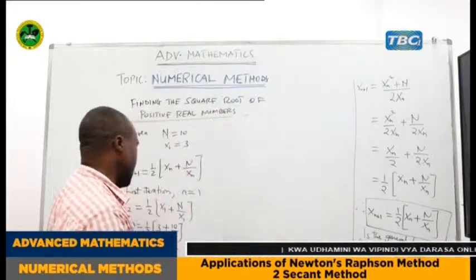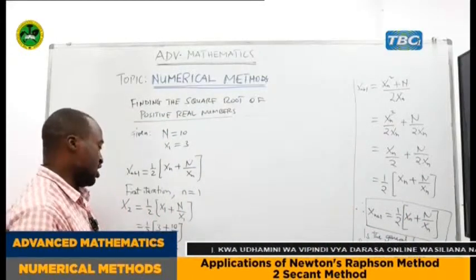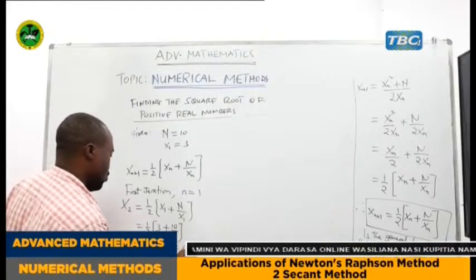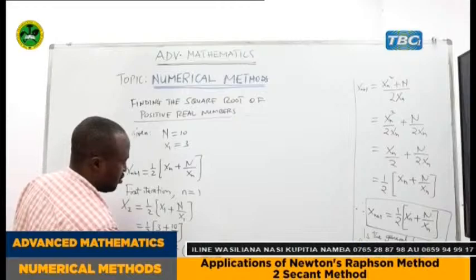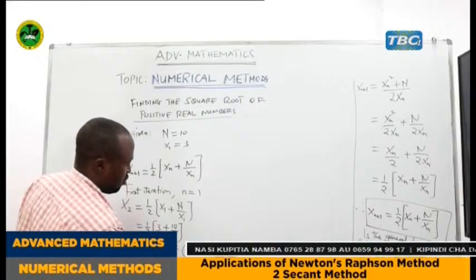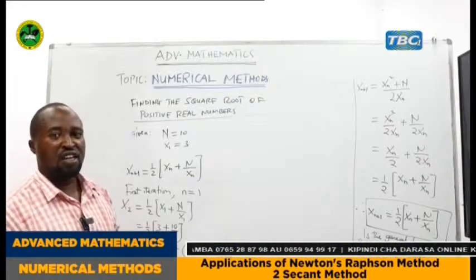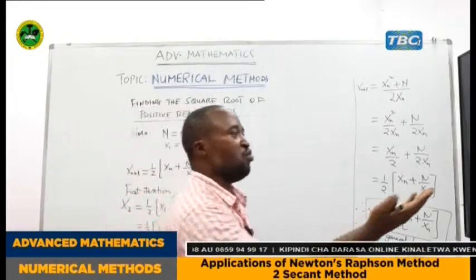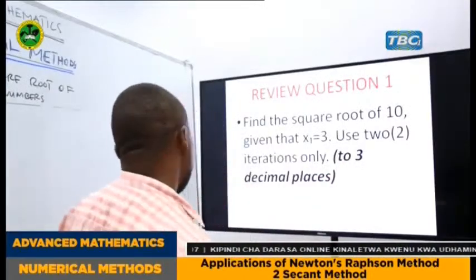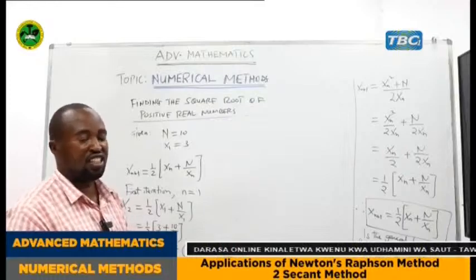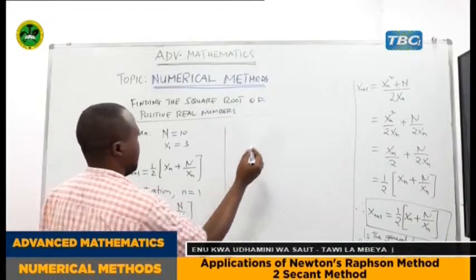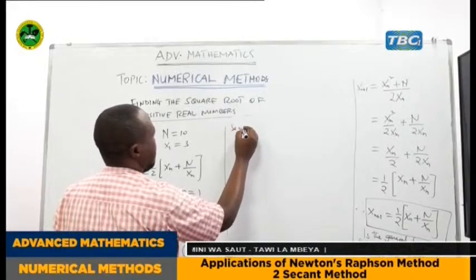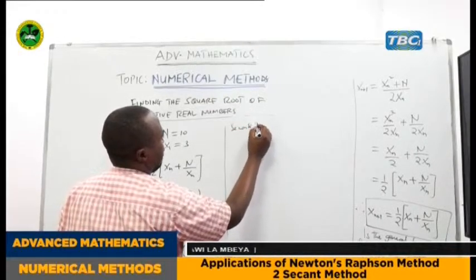So make sure that you maintain the number of decimal places. So again we continue because they said use 2 iterations only. So we continue for the second iteration.